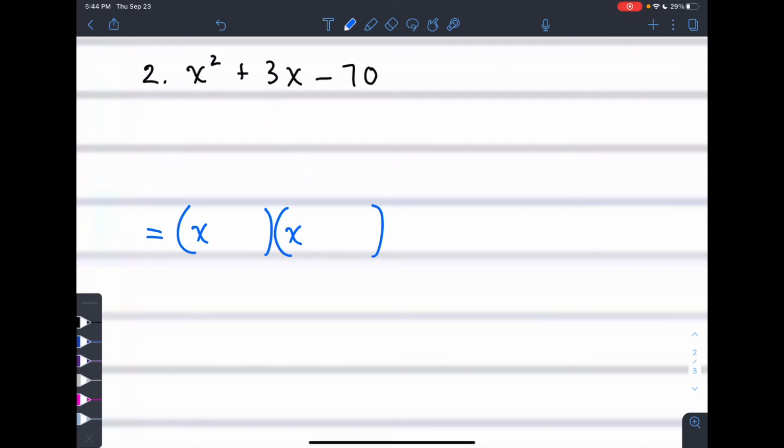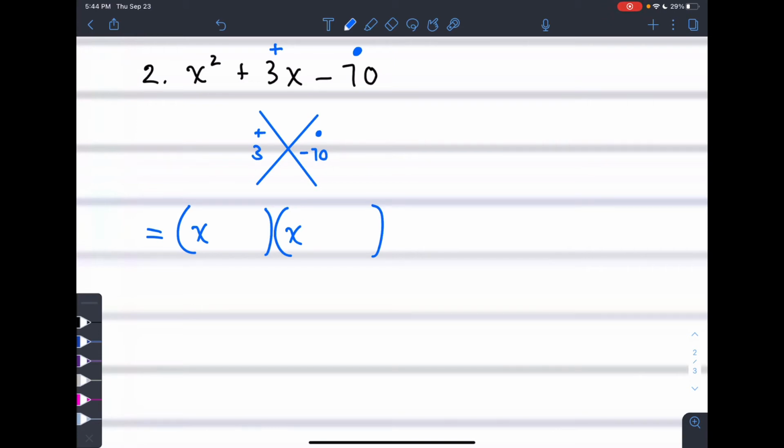So when we set this up, okay, again, this part is just a nice way to visualize the information. It just kind of pulls out the information we need. Again, we want to figure out two numbers that multiply to negative 70 this time, but add up to positive 3.